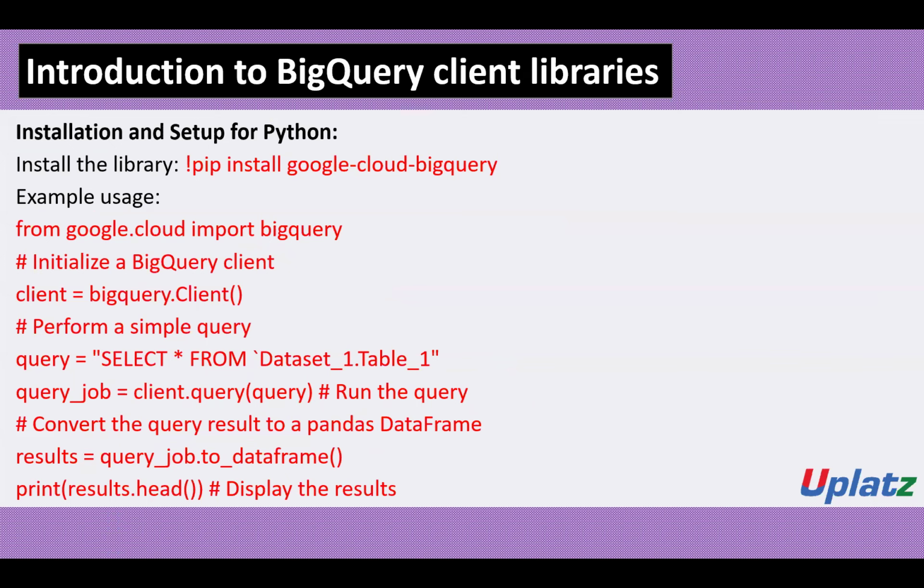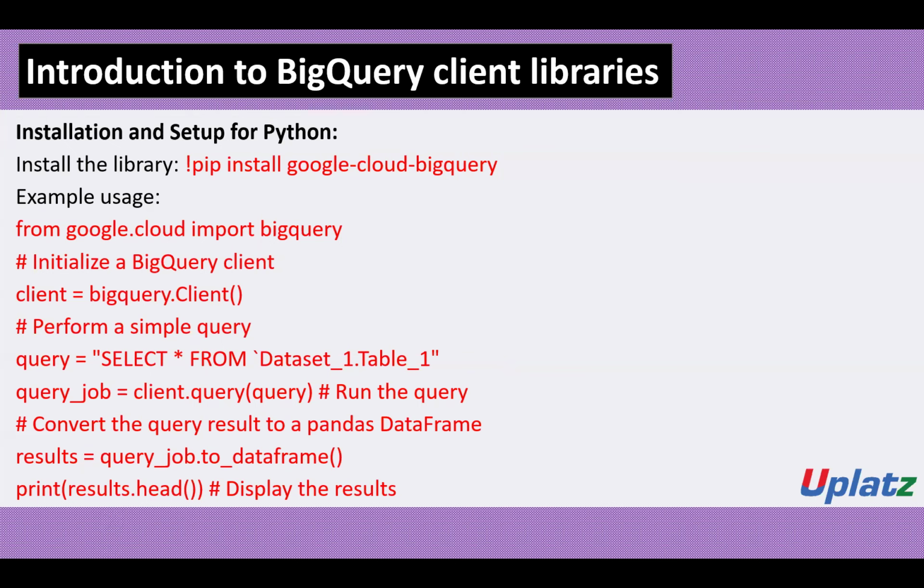So for example, how to utilize it? The first thing is from google.cloud import bigquery. You have to import bigquery, and then you have to initialize a BigQuery client. In order to initialize the BigQuery client, you just write client = bigquery.Client().